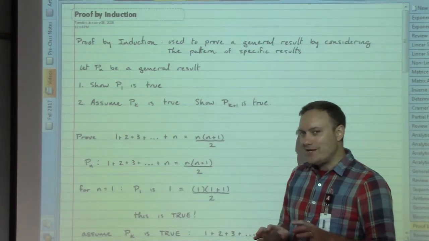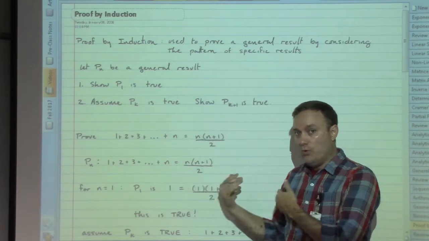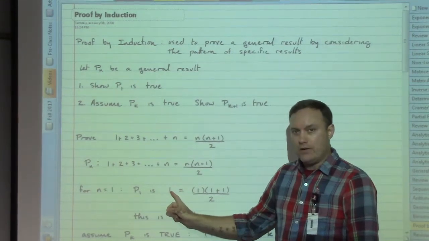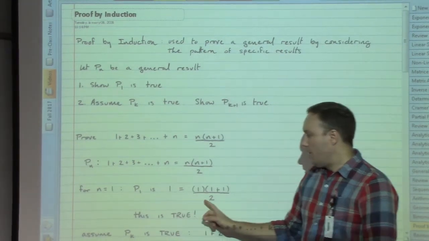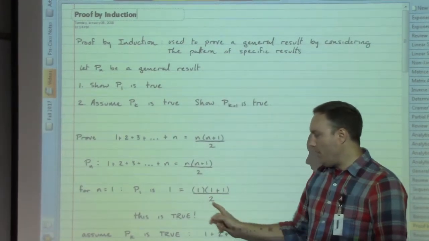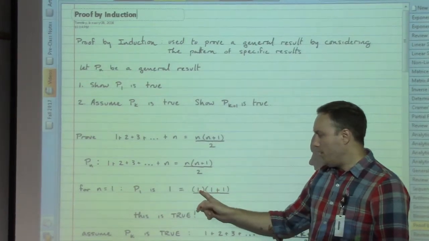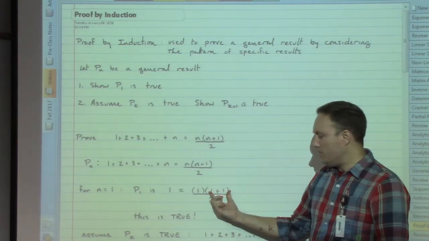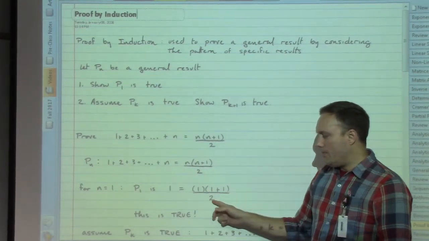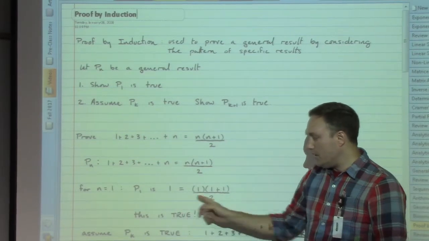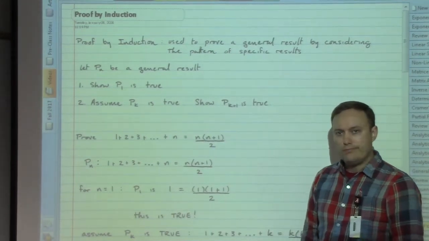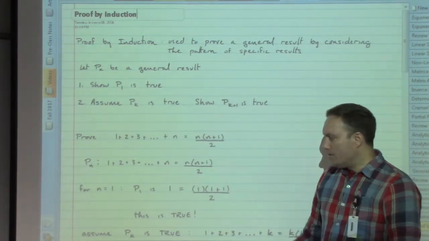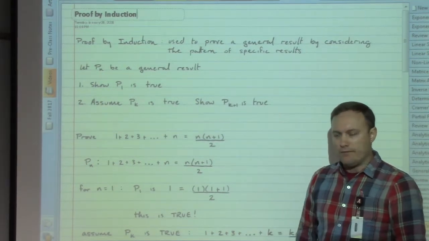So the first situation here, according to this rule, would seem to be just a single number 1, and using the formula, 1 times 1 plus 1 is 2, 1 times 2 is 2, 2 divided by 2 is 1, 1 is equal to 1. That's true. That's a true statement. 1 is equal to 1. No doubts about that. So that means the first domino can fall down.